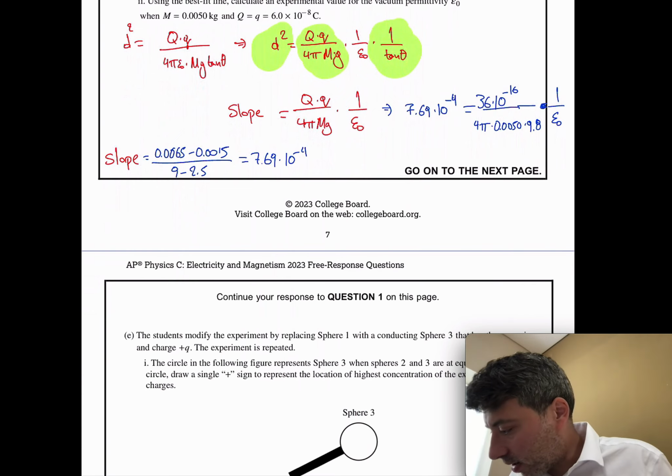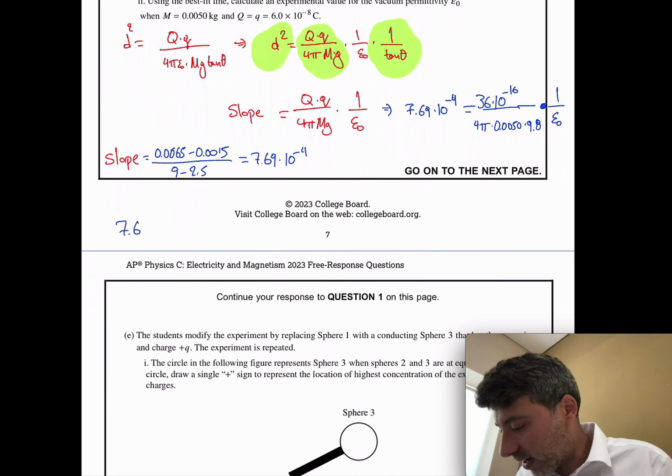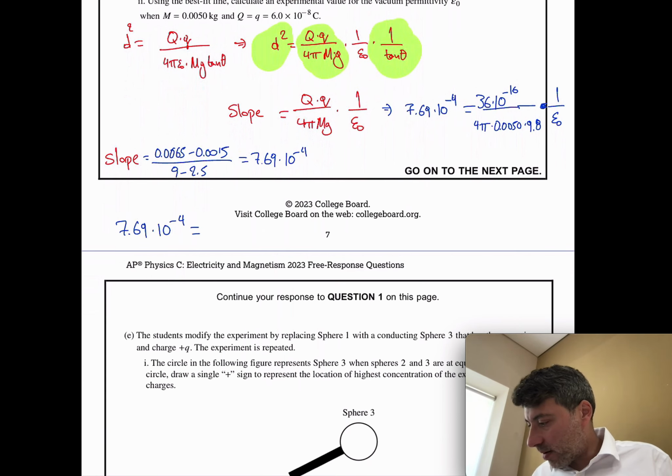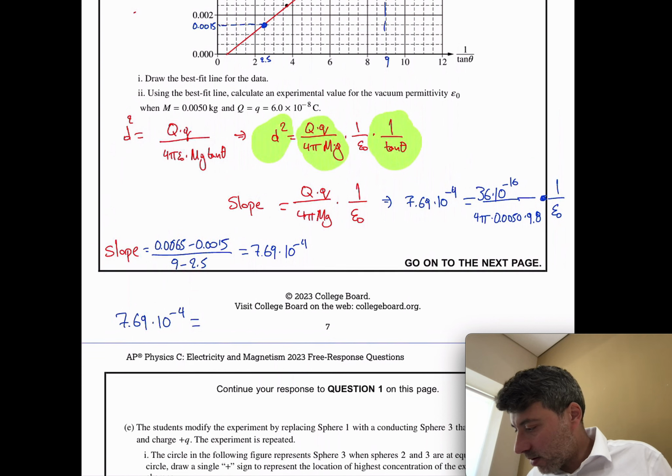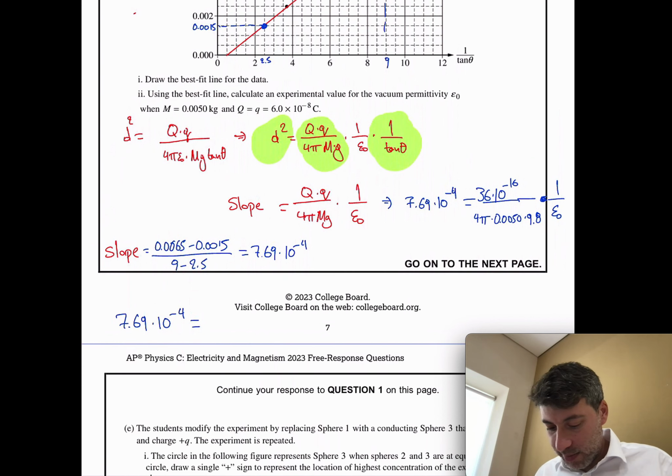Okay, so we will bring that 7.69 times 10 to the power of negative 4 equals 36 times 10 to the power of negative 16, and then divide by 4 pi times 0.0050 times 9.8.